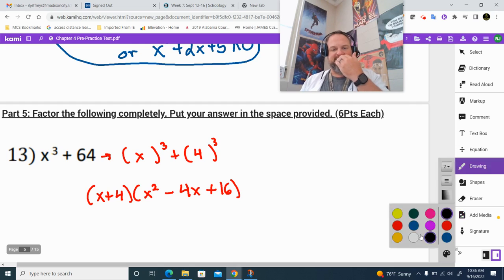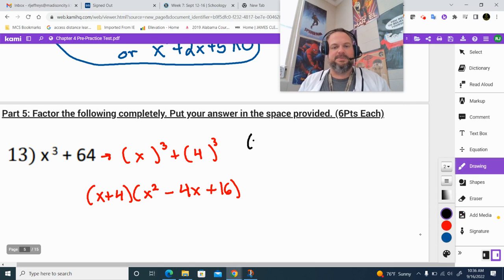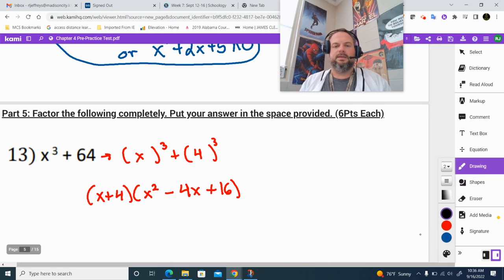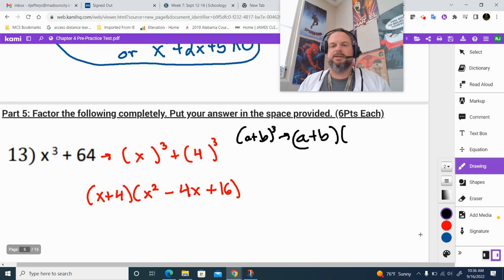Okay, because this ended up being, hang on, I don't know what I'm trying to write here. Remember, we had that formula that looked like this, where we would have a plus b times a squared minus ab plus b squared.